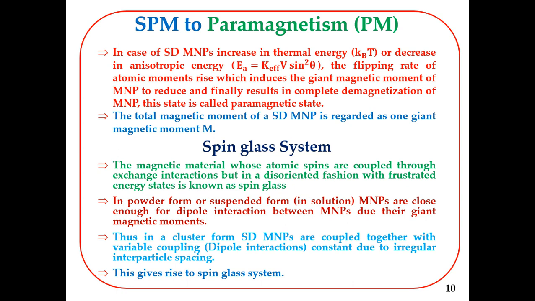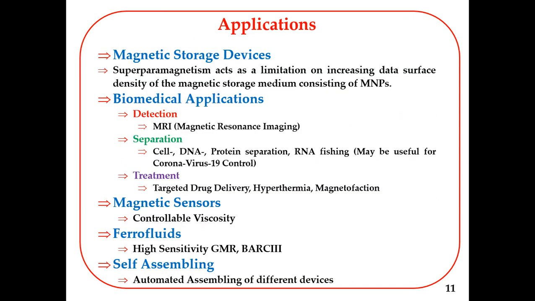Super spin glass is due to the randomness among the nanoparticles, frustrated dipolar magnetic interactions, and the surface spin glass occurs at the surface of the individual nanoparticles, where disorder and frustration are present. In the coming lectures, we will discuss these spin glass systems in nanoparticles and nanosystems.